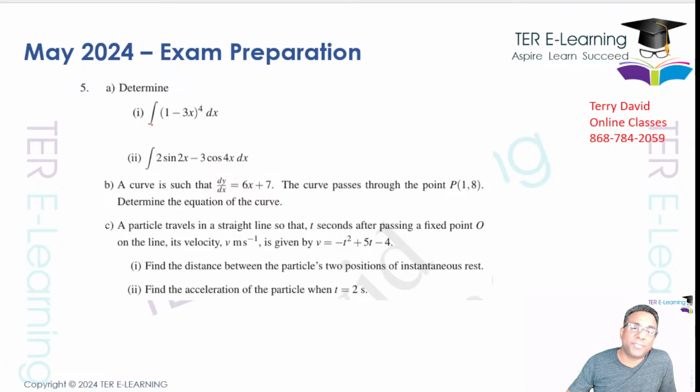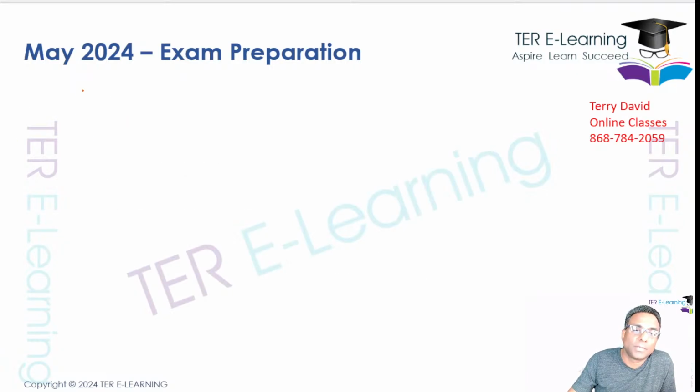So the first one here, we have a simple integral in order to perform. So we want to integrate 1 minus 3x to the power 4. So the integral of 1 minus 3x to the power 4 dx.